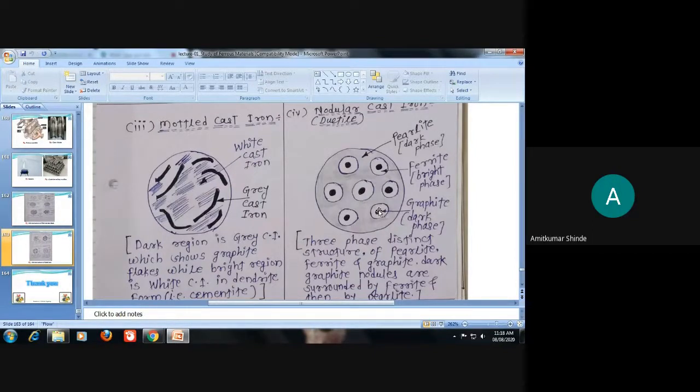Its surrounding region has a little bit of bright color, which is termed ferrite, and the remaining dark phase surrounding these nodules is pearlite.